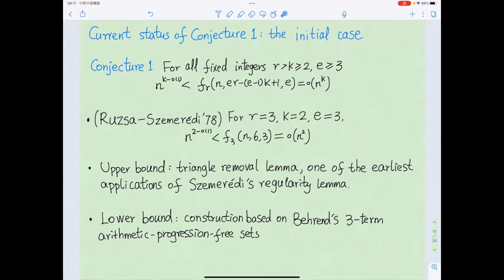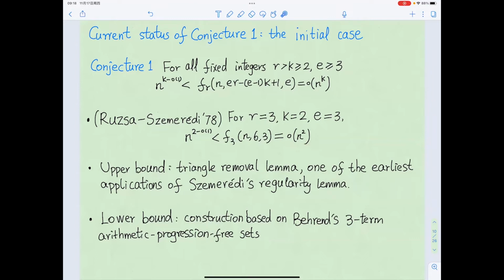Next, I will introduce the current status of the two conjectures. In fact, the initial case of conjecture 1 is highly non-trivial. The initial case is r equals 3, k equals 2, and e equals 3. This case is solved by the famous paper of Erdős and Sós, who show that if a 3-graph has the property that the union of any 3 edges contains at least 7 vertices, then the number of edges in this graph is of order little o of n squared.